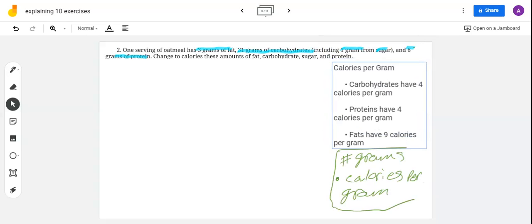So I would say to write it out like this: fat, carb, sugar, protein.